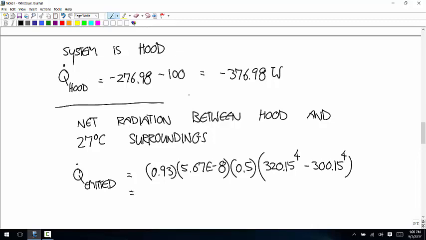And can someone tell me what that is? 62.99 watts.